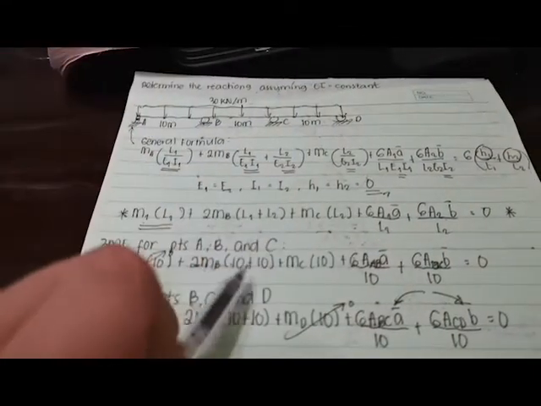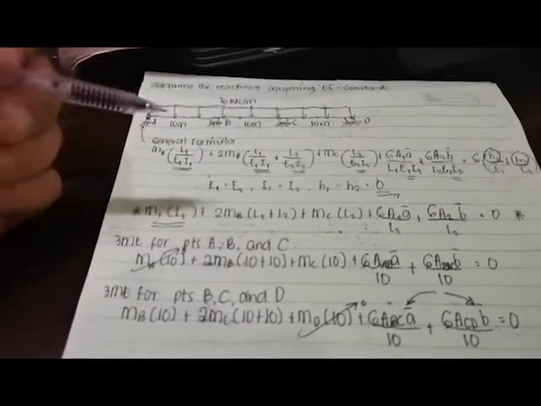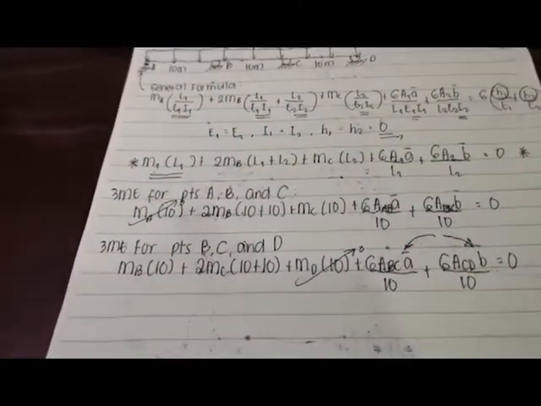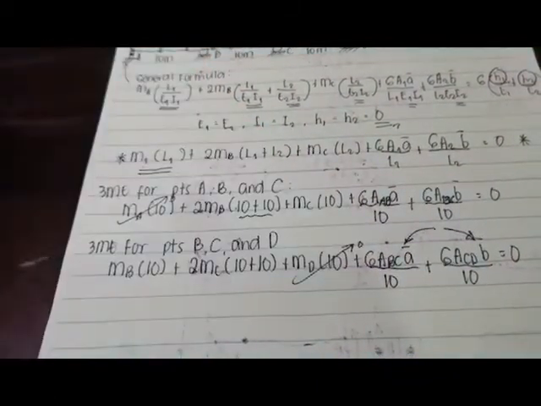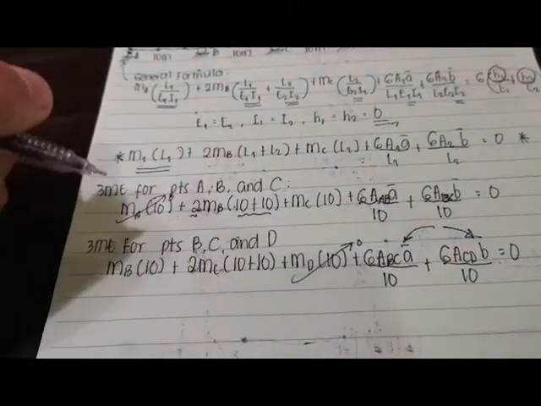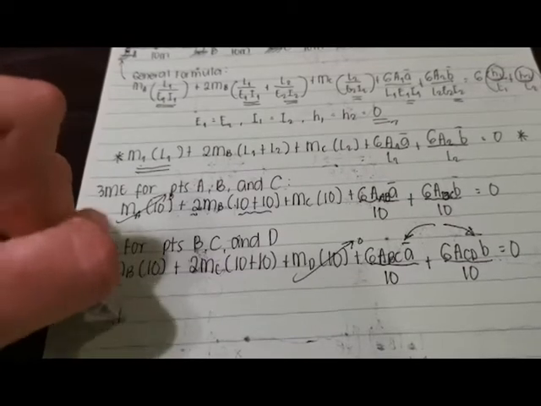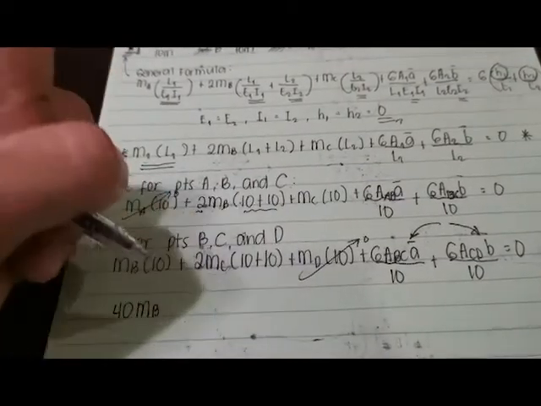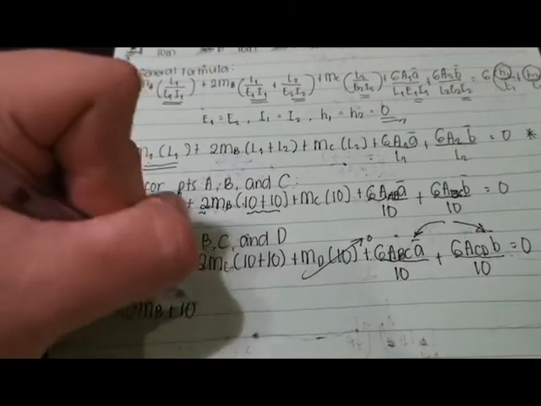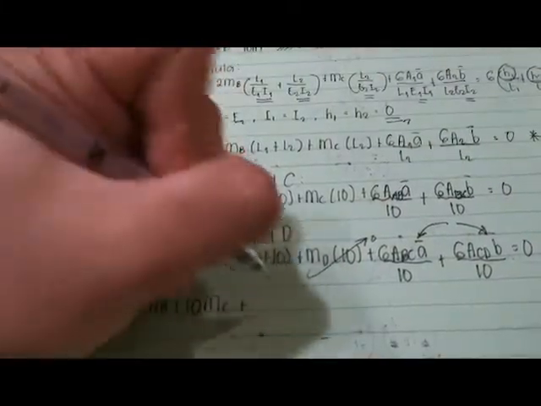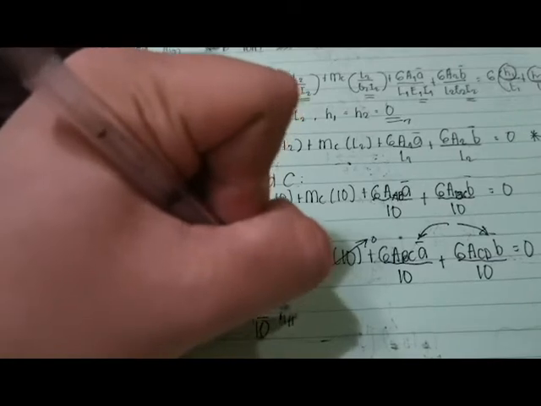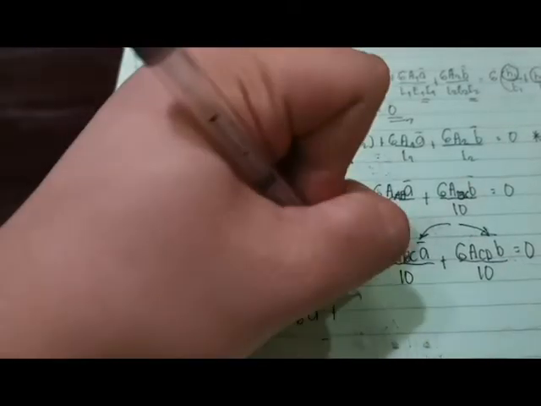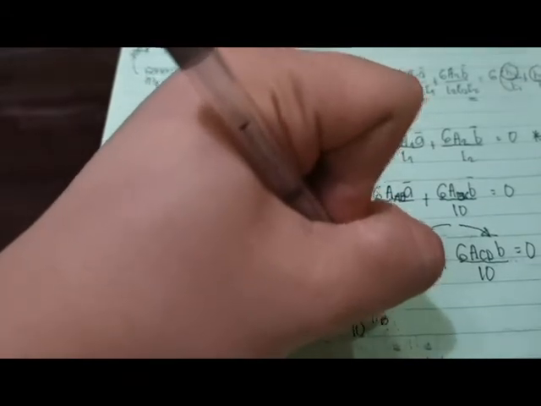Therefore, we derive that this is 20 times 2, 40 MB plus 10 MC plus 6 over 10 area AB times A plus 6 over 10 area BC times B is equal to 0.